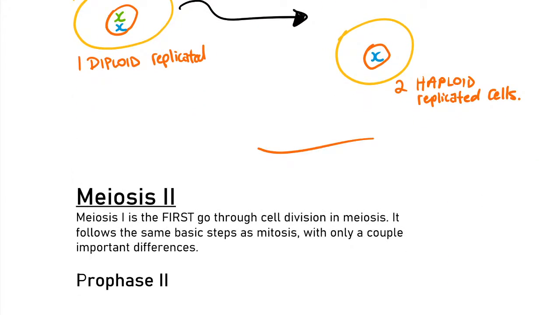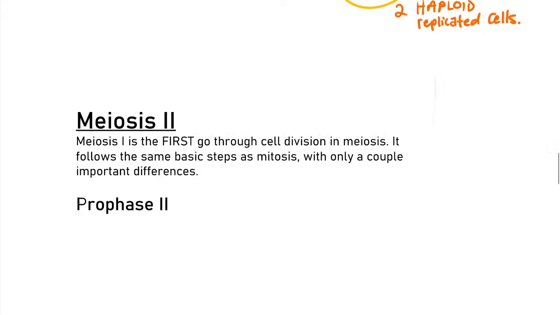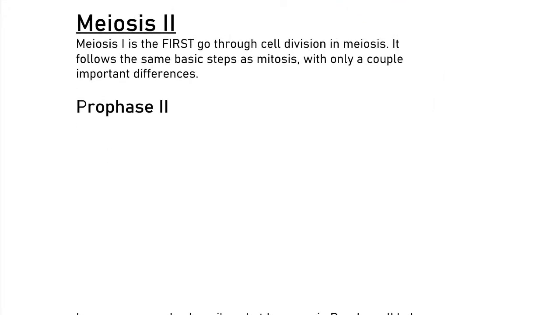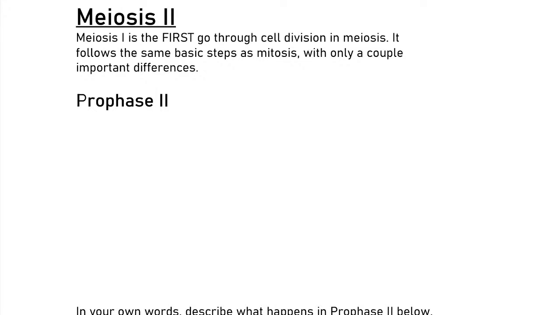All right. And so now in meiosis II, we go through that process again, and this time we're going to split those so they're no longer replicated, so they can really serve as sex cells. So in prophase II, I want to draw both these cells, and I understand that this might be a bit clunky, but whatever, try and stop me.